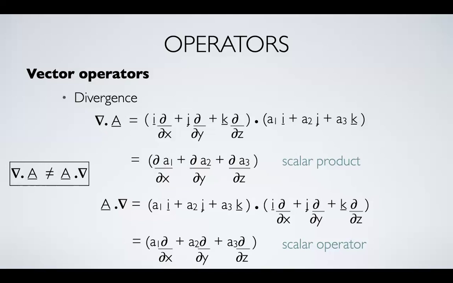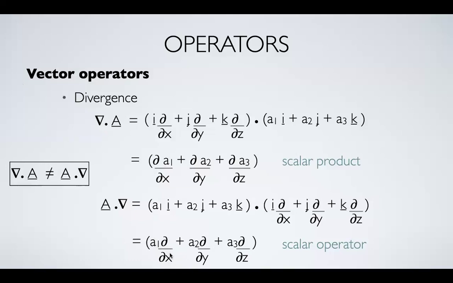You can see here, at this part that I'm pointing on the screen right now, A1 is just like a coefficient, right? It's just a magnitude. But d by dx is a differential which operates on anything, okay?